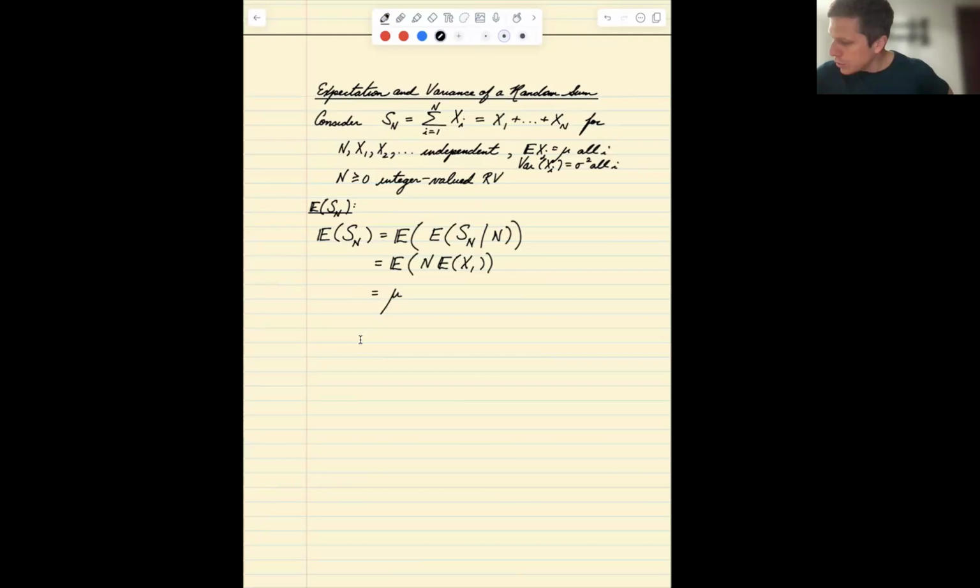Expectation of X1 is mu, times the expectation of N. So this is just expectation of N times expectation of X1.